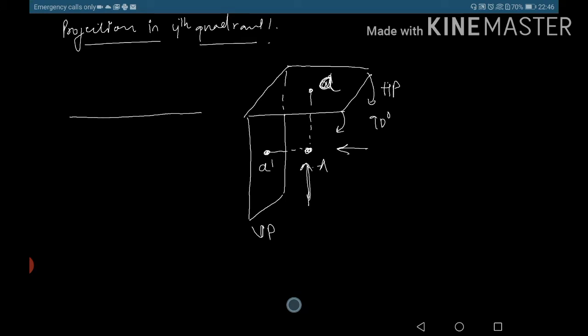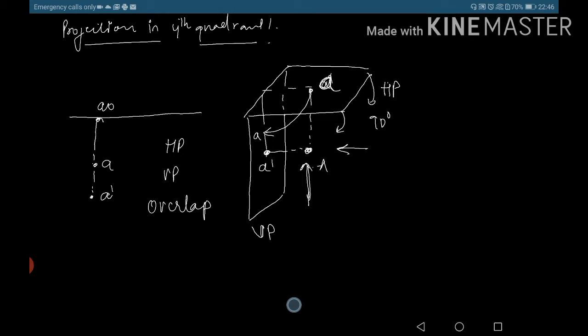So this projection also comes over here, A. So you just go down for the given distance, A dash and A naught. So again HP and VP overlap with each other in the fourth quadrant.